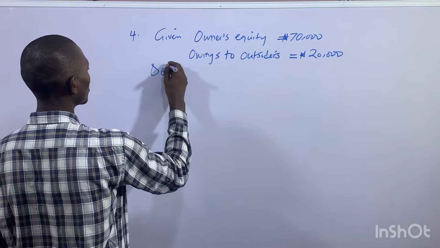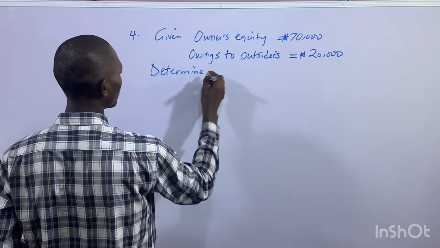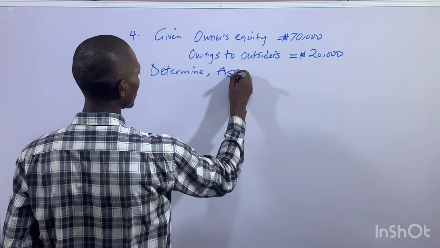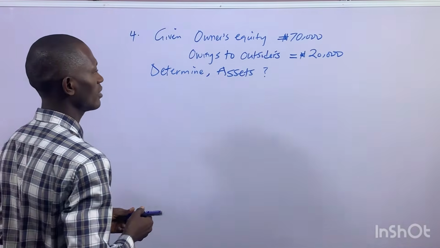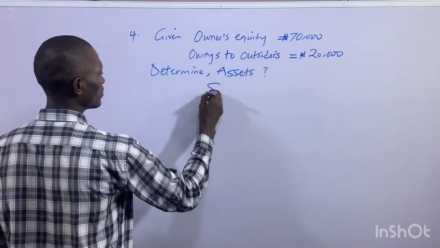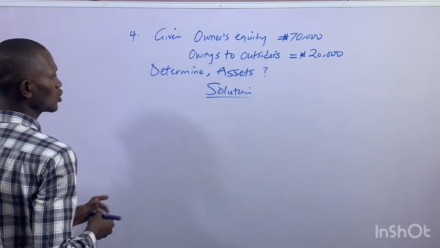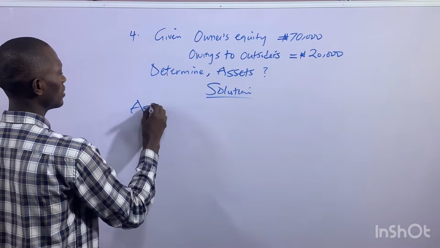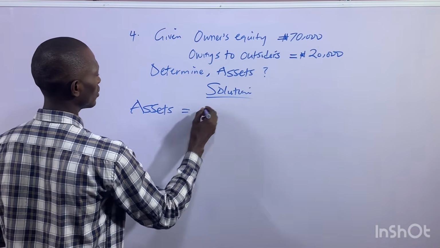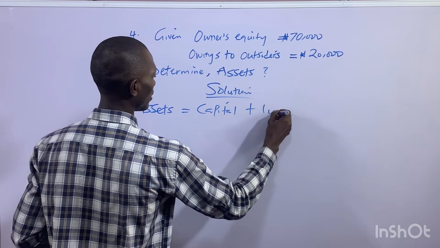Then here you have to determine assets. So in this regard, let's solve. So solution now. So to get your assets, you already know, going by the accounting equation, asset equals capital plus liability.